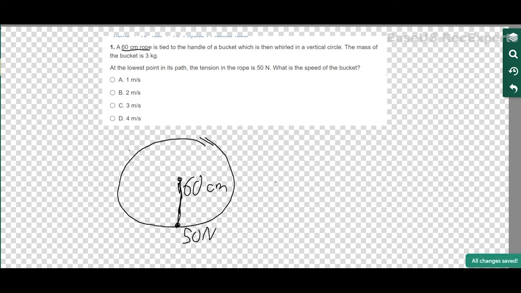And now for tension, your tension, right, is the force being put on the string. In this case, the forces being put on the string are mg, your weight downward, plus your centripetal force, which is mv squared over r.